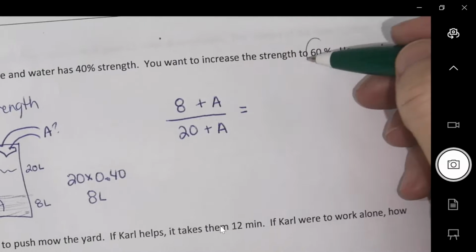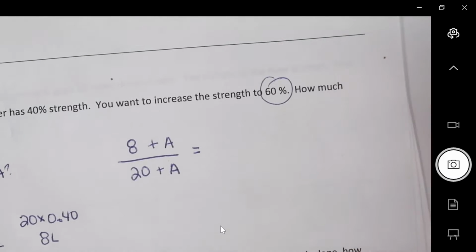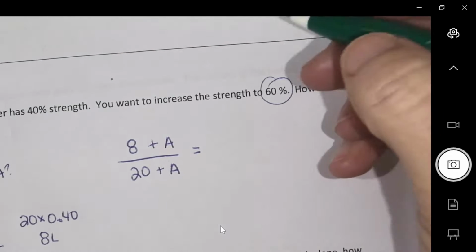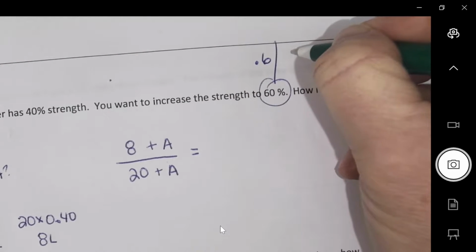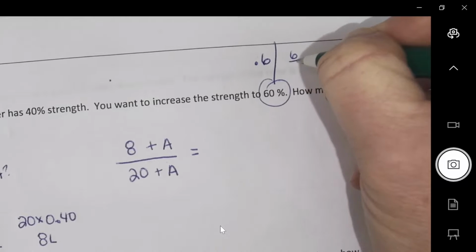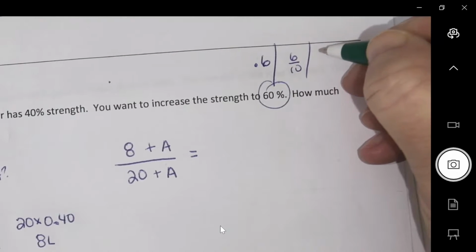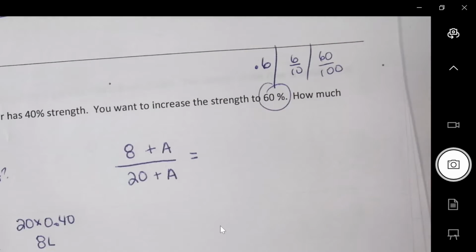What are some math ways I could write 60%? 0.6. What else could I do? 6 over 10. What else could I do? 60 over 100. Okay. Any of those would work.